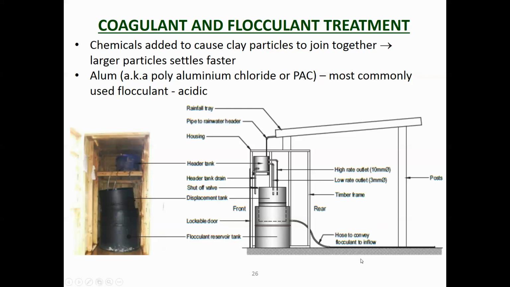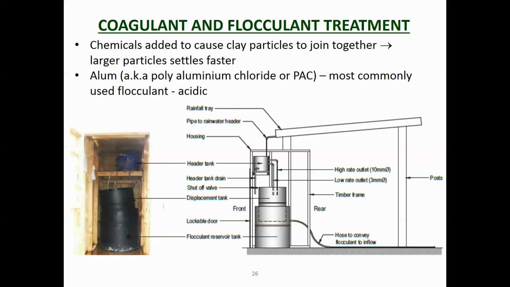The flocculant that we normally use in Auckland is called alum, polyaluminium chloride, or PAC. And what that does is it neutralizes the negative electric charges between the particles. So it causes the large flocs to attract together. There are also coagulants.